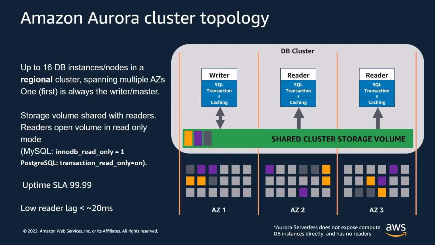The log-structured storage is incredibly efficient at replicating the data, and the replication lag between writers and readers is roughly 20 milliseconds. When you create a multi-AZ Aurora cluster, meaning one writer and at least one additional reader node, you get an uptime SLA of 4 nines, or 99.99%.